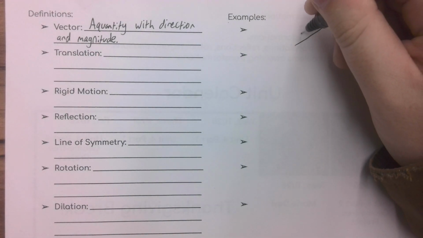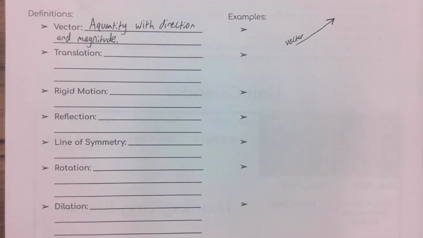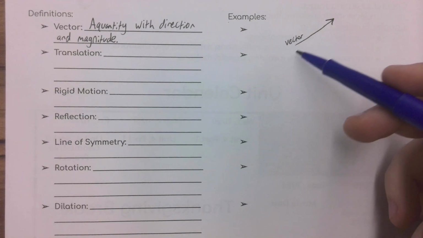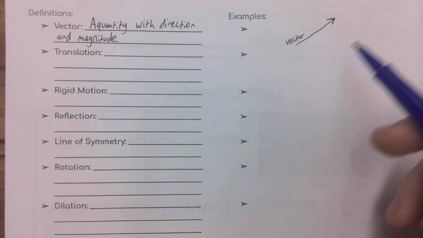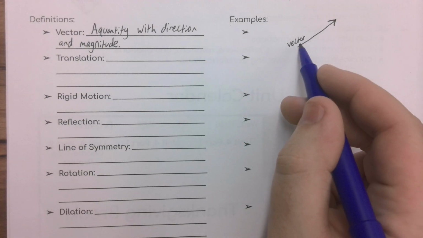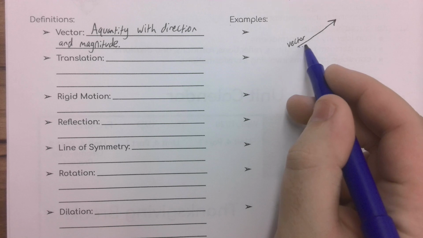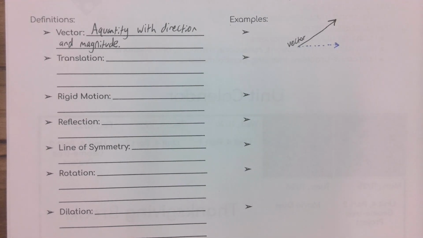Let's say this is our vector. This vector is going up towards the top right portion of my paper. We can break up this vector's direction into two pieces. We're going to the right some amount, and then we're going up some amount.